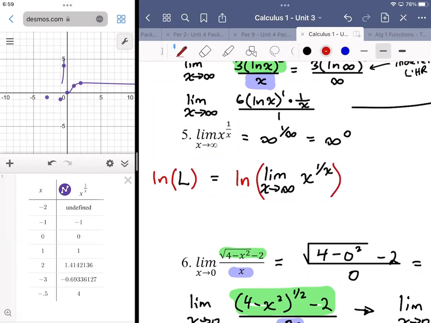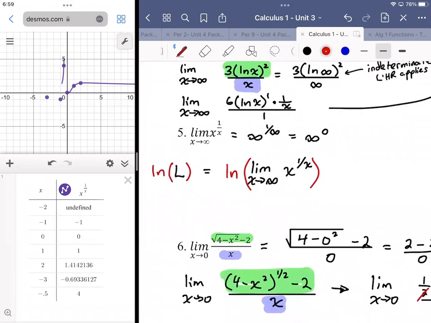Right? So I manufactured an equation out of this by first calling the limit equal to some value L. Now by taking the natural log of both sides, I'm redefining things. I'm saying that the natural log of L is equal to ln of the limit, right?